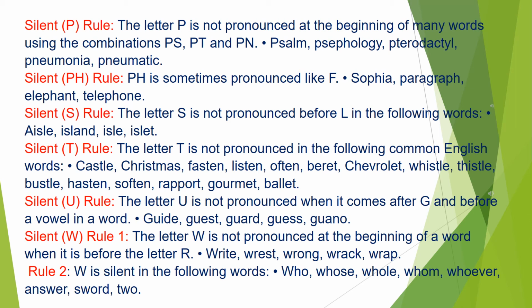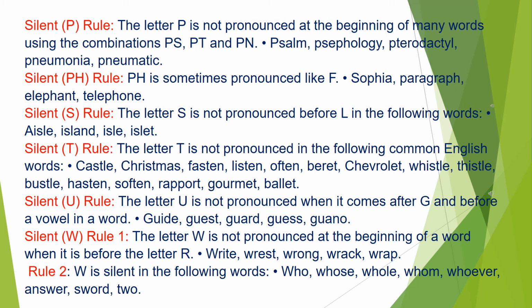Now let's see the most confusing and interesting silent letter, T. The letter T is not pronounced in the following common English words: castle, Christmas, fasten, listen, often, barre, Chevrolet, whistle, thistle, bustle, hasten, soften, rapport, gourmet, ballet.